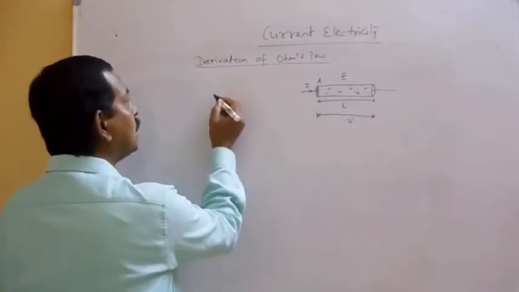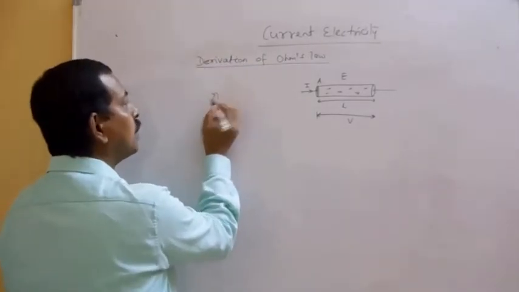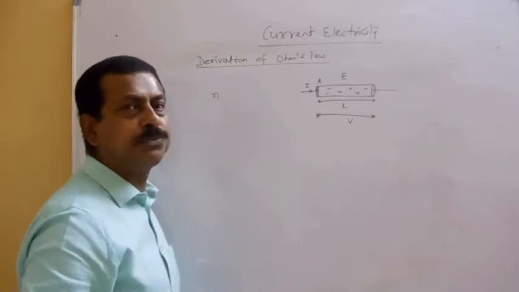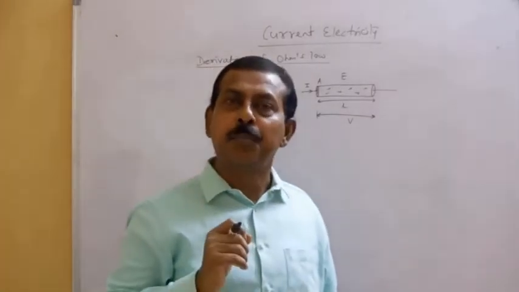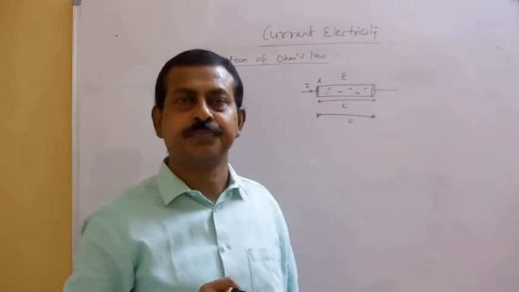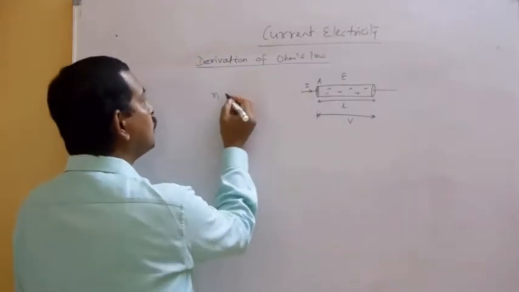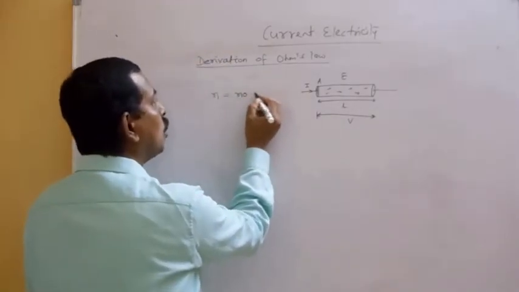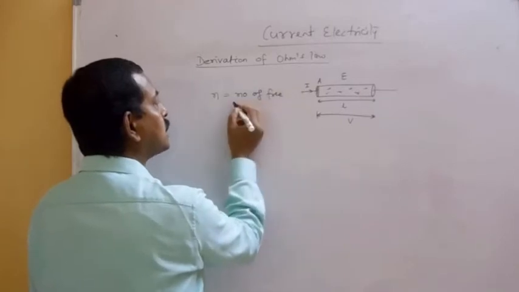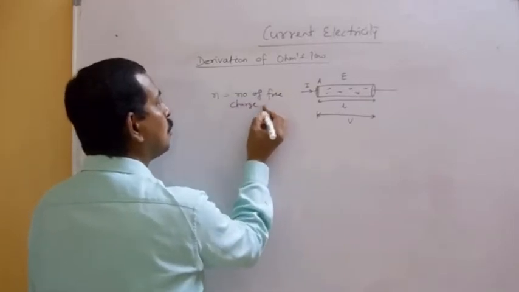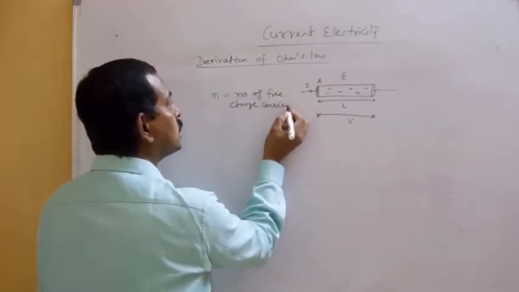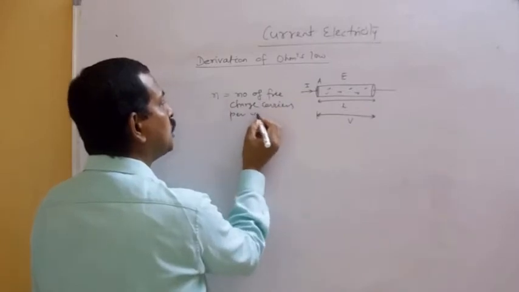And let's assume that a small n represents number of free charge carriers per unit volume.